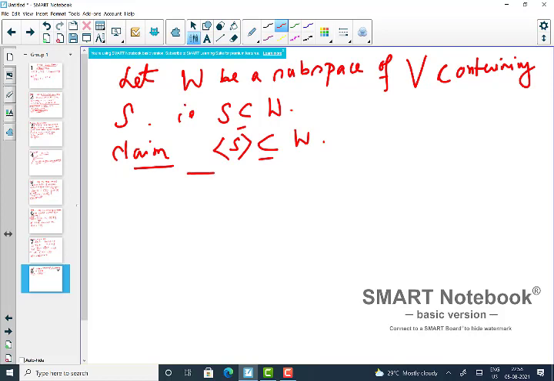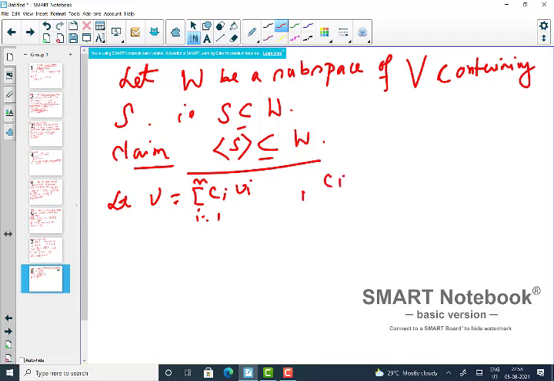And how to prove this thing? To prove something is a subset of something, what you need to prove? You need to prove that every element of this span of S is an element of W. So you choose an element. So let v be some element which is summation c_i v_i, i equal to 1 to n.